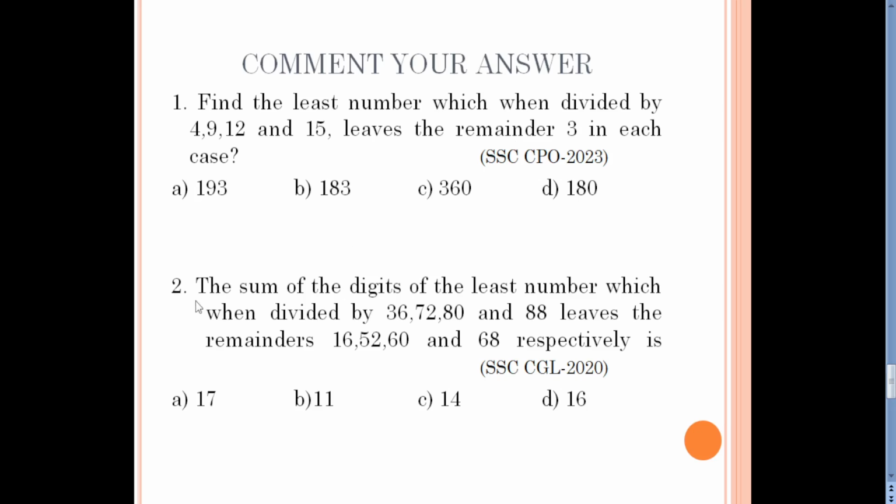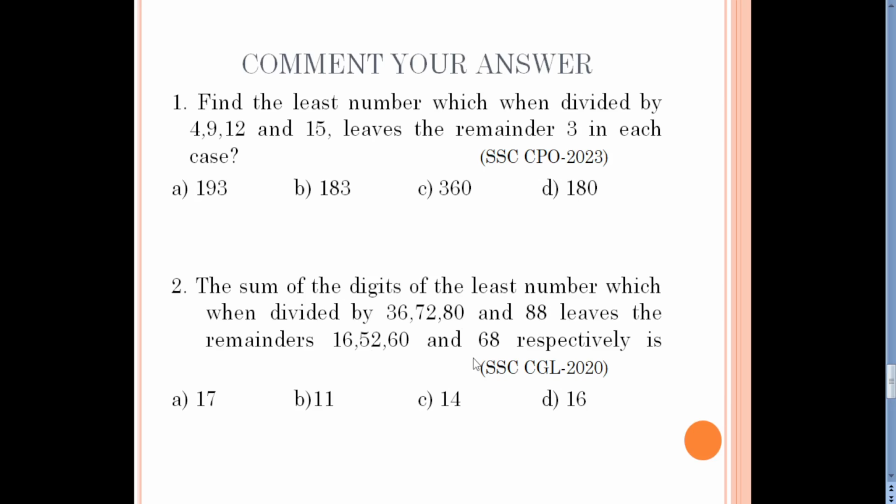For the second question: the sum of the digits of the least number which, when divided by 36, 72, 80 and 88, leaves the remainders 16, 52, 60 and 68. Here different remainders are given, that's why the first step is to find the difference. If the difference is the same, then we need to apply the formula as discussed earlier in the video. Here 36 minus 16 is 20, 72 minus 52 is 20, 80 minus 60 is 20, 88 minus 68 is 20.